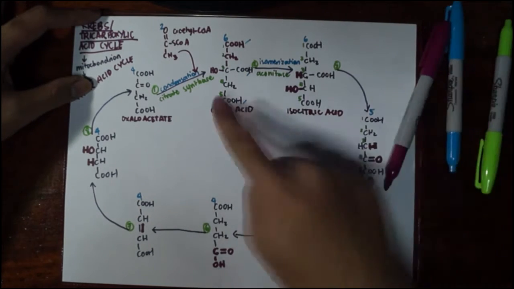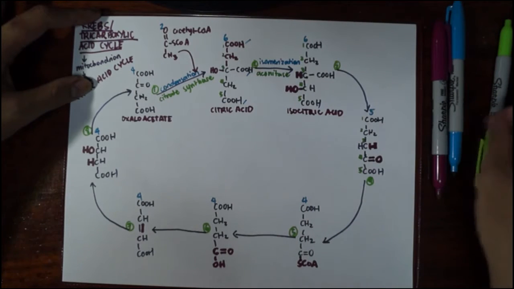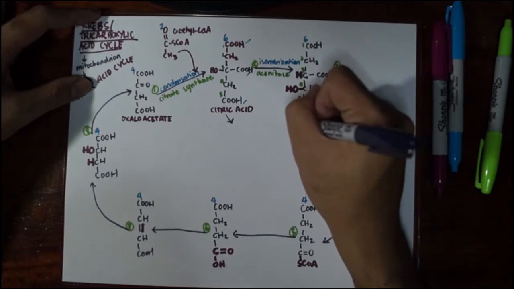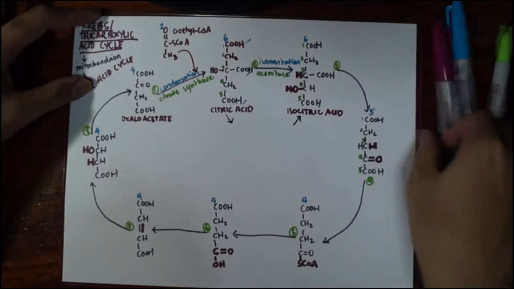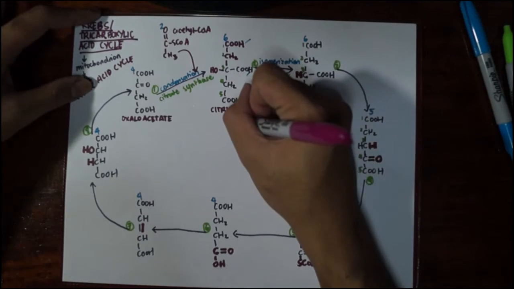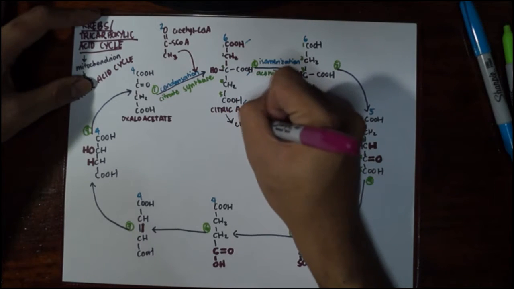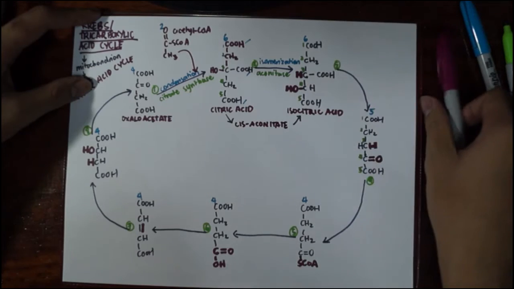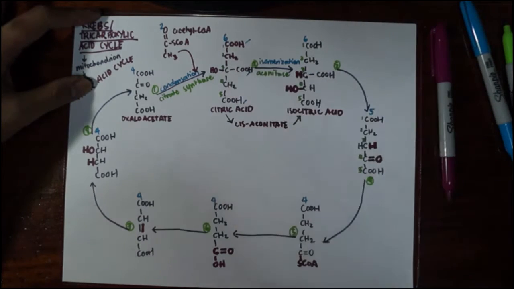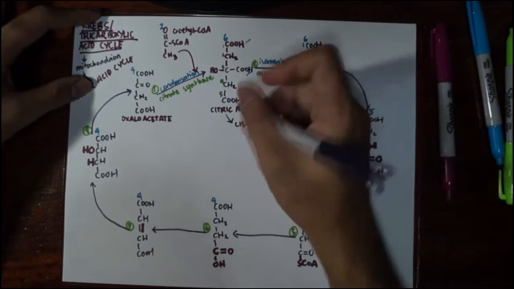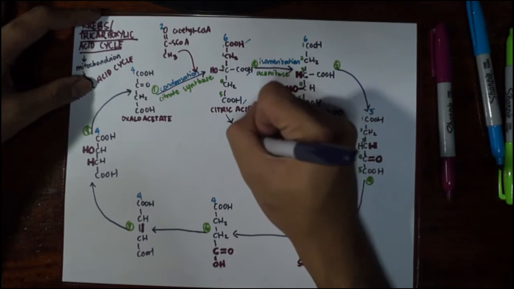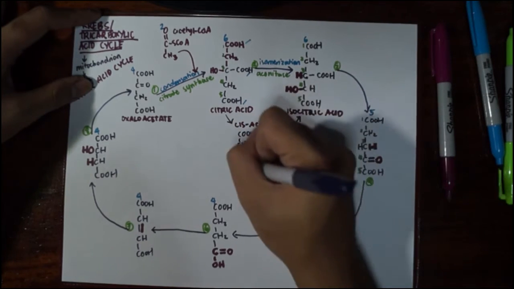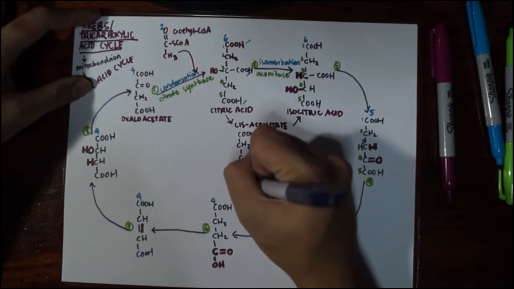Well, actually, the conversion of citric acid to isocitric acid is a net reaction. Since there's an intermediate in the middle, citric acid is actually converted to cis-aconitate. And cis-aconitate is citric acid dehydrated. So how do we draw that? So COOH, CH2, COOH, CH2, COOH.